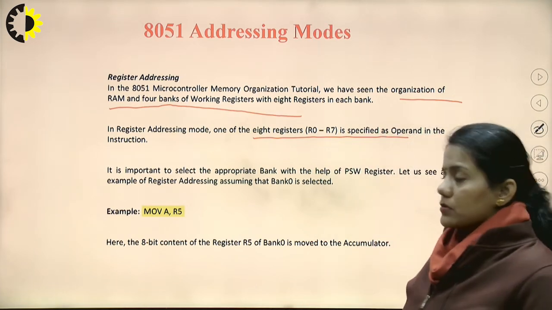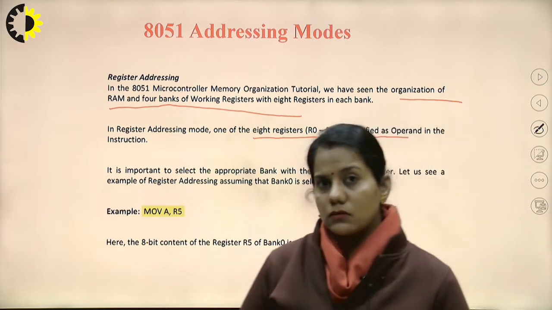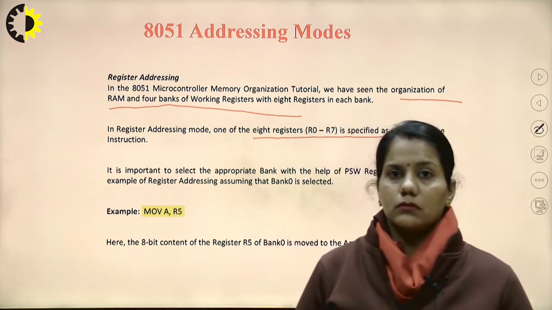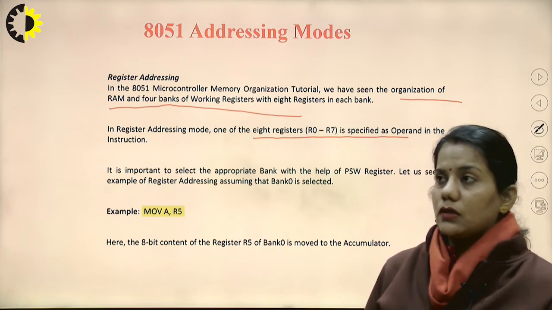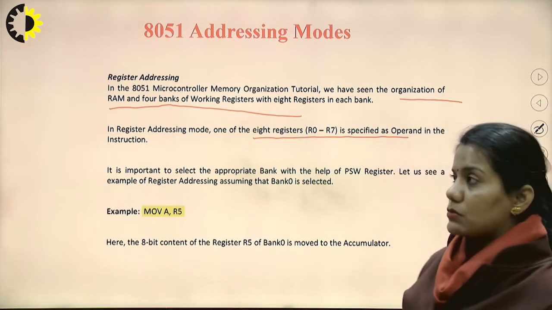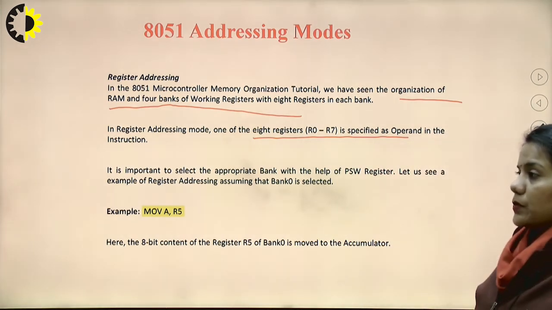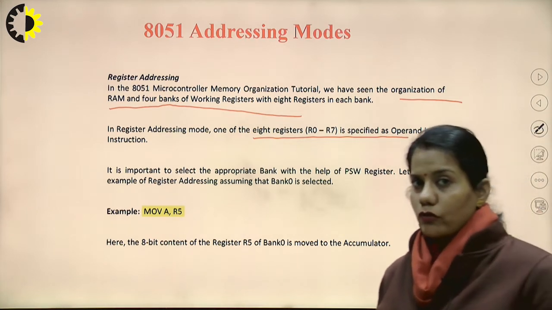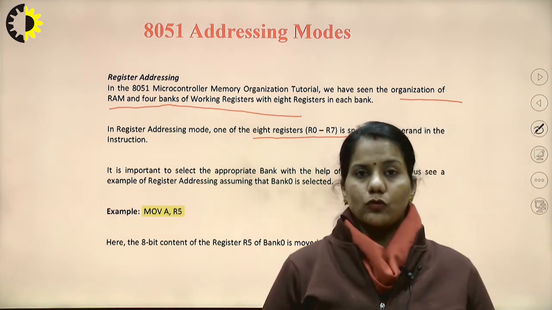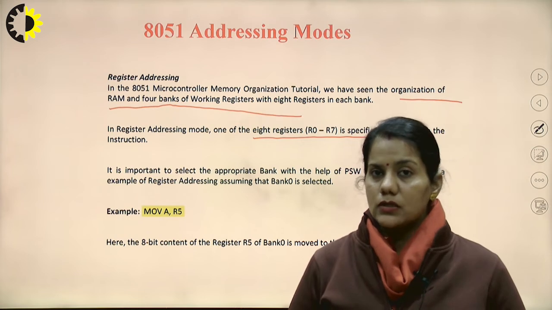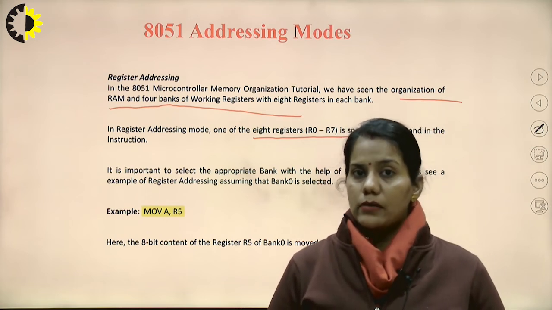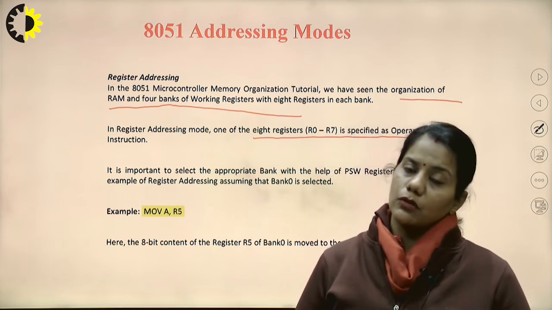And it's important to select any of these banks according to the application, using the PSW, that is, bit number 3 and 4 of the program status word, the PSW register, which helps us in selecting the particular bank.